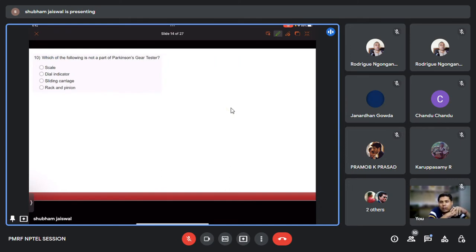Which of the following is not a part of a Parkinson gear tester? Scale, dial indicator, sliding carriage, rack and pinion. Anyone? Mr. Chandu, Mr. Janardhan, Mr. Pramod, Mr. Karupasamy.